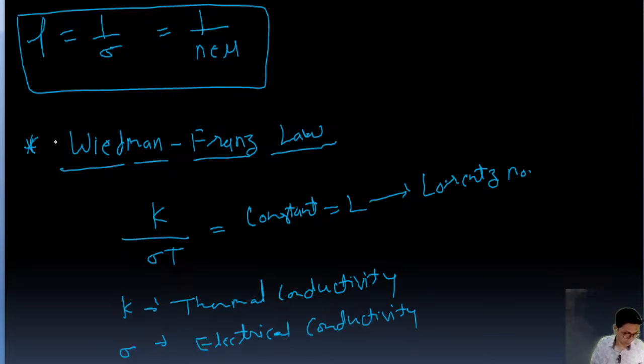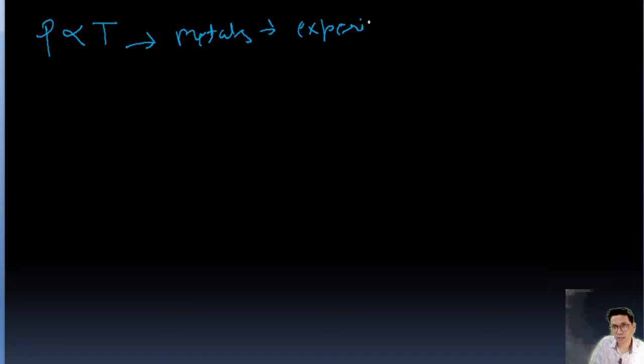Also, experimentally we have found that for metals, resistivity is proportional to T. In the case of metals, the resistivity is proportional to the temperature.